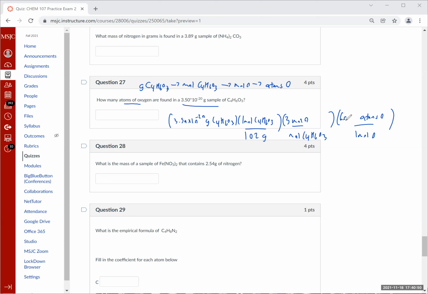Yep, exactly right. Don't forget the 10 to the 23rd though. 6.02 times 10 to the 23rd atoms of oxygen per mole. So we have 3.50 times 10 to the negative 20th over 102 times 3 times 6.02 times 10 to the 23rd. And that in turn gives us 620 atoms of oxygen. Does this make sense to everyone?